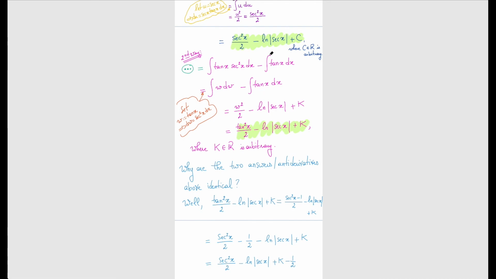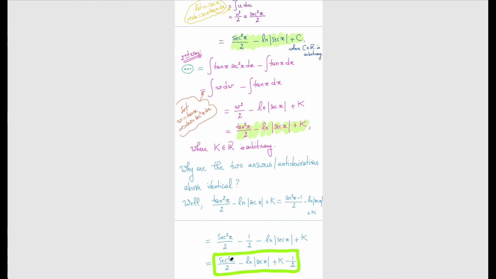I wanted to compare these two, right? I wanted to make the case that these two are the same. Well, this in turn happened to be this one.